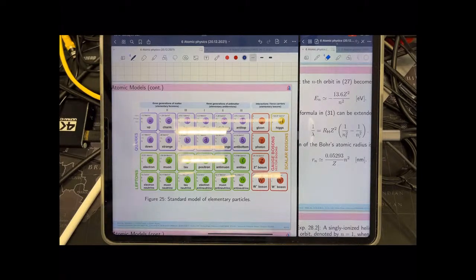We might visit this table quite often, and let's start with that. If you take a graph view, this is the fermion part, and this is the boson part.